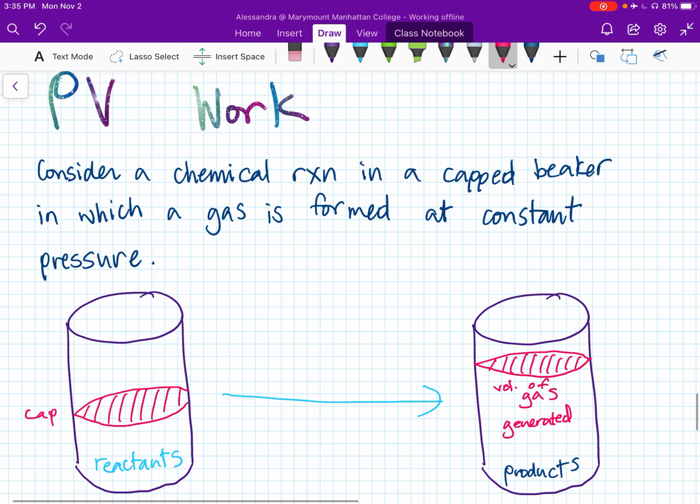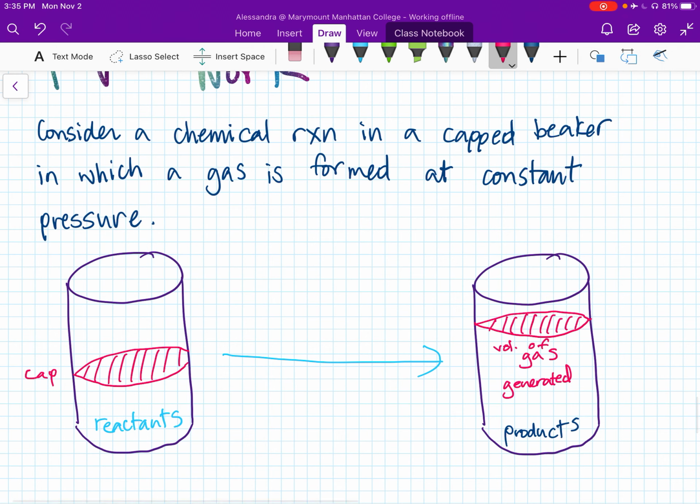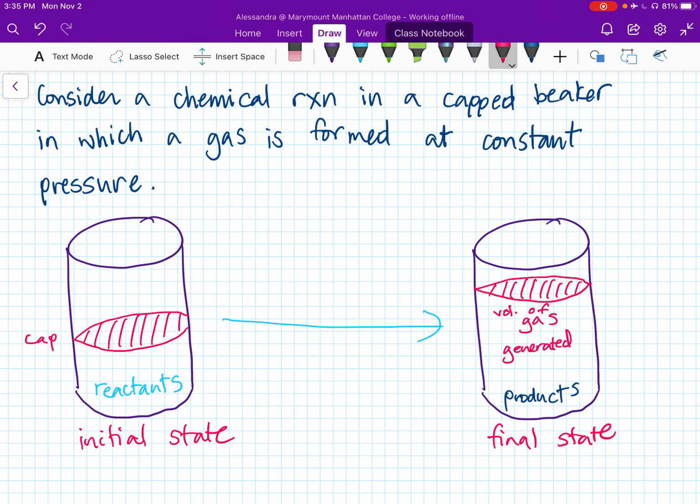change, okay? Like any chemical system, the reactants are our initial state and the products are our final state. So we can see that in going from the initial state to the final state, we have had an increase in the volume of the system.